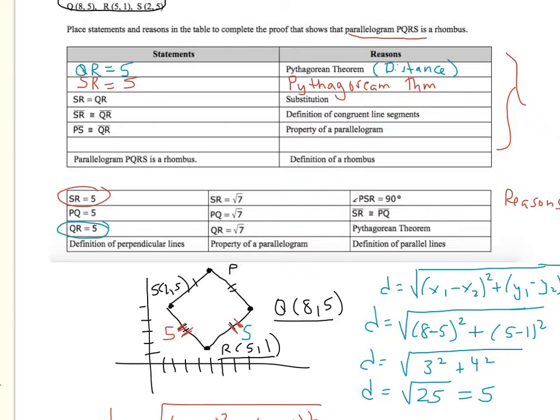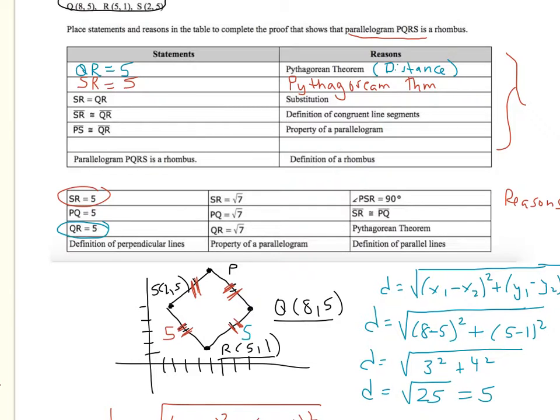The next statement says PS is congruent to QR. We already knew that because these were opposite sides in a parallelogram. So now the only thing we have left is SP, which is this guy up here. We know SP is also congruent to QR.